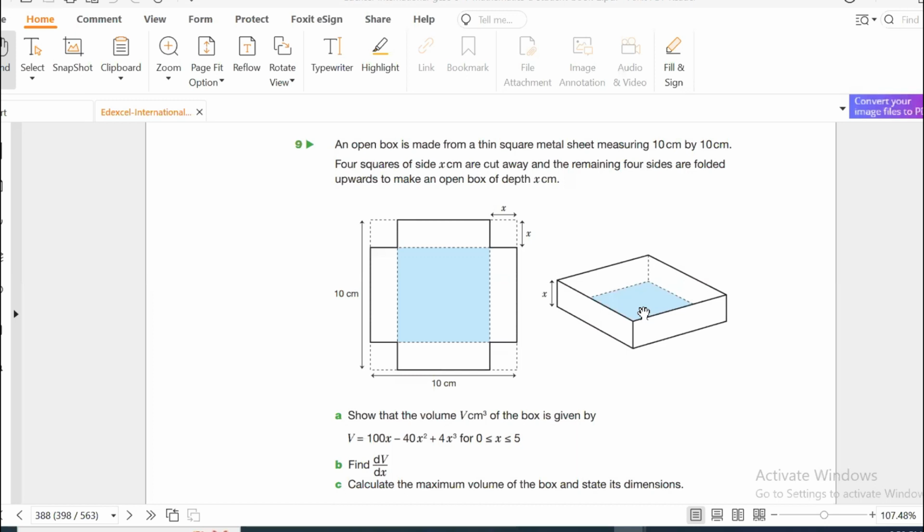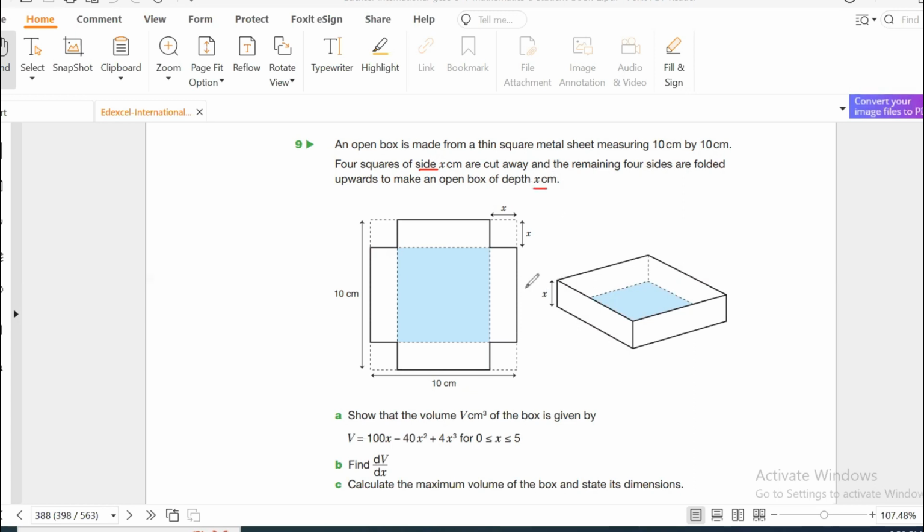We have another question, which is: an open box is made from a thin square metal sheet measuring 10 centimeters by 10 centimeters, and four squares of side x are cut away and the remaining four sides are folded upward to make an open box of depth x.